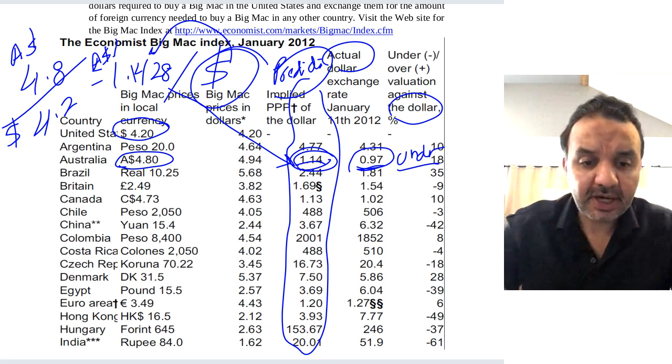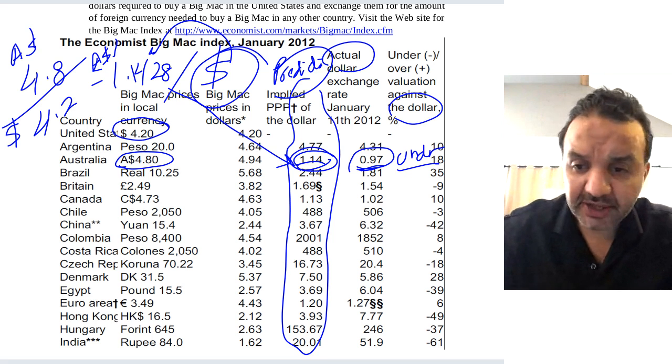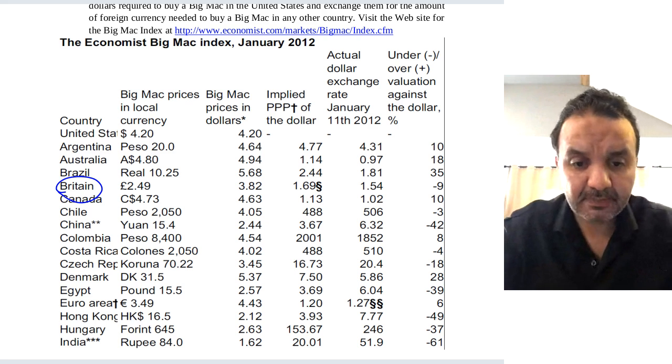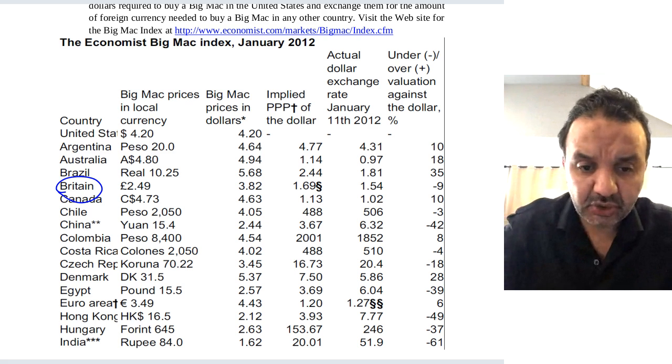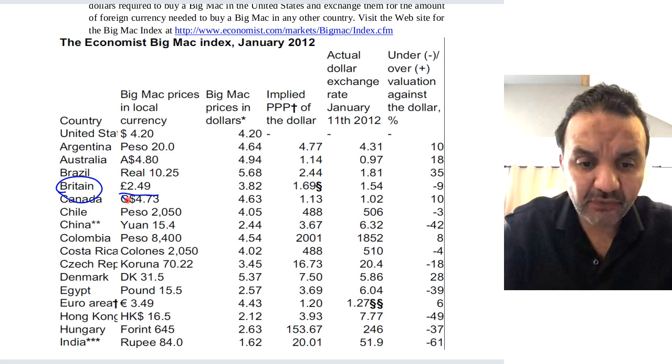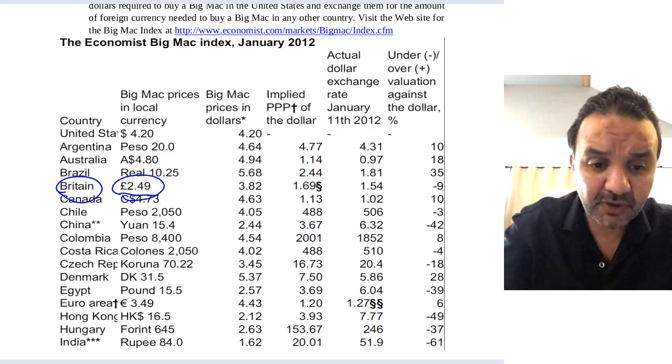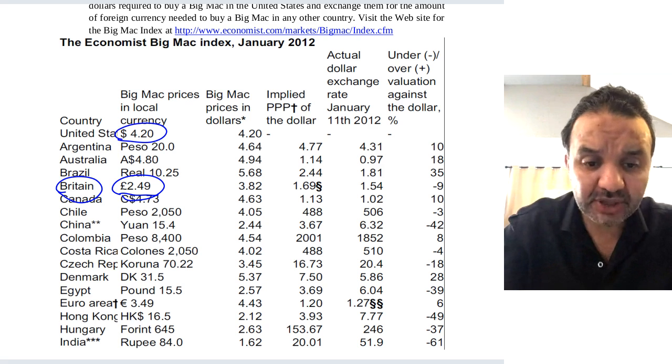Okay, let's take another example. For the UK, the price of one Big Mac equals 2.49 British pounds, and the price of one Big Mac in the US equals 4.20.